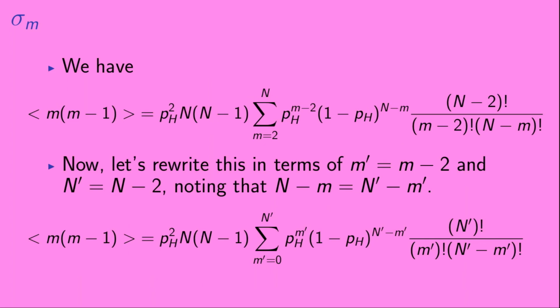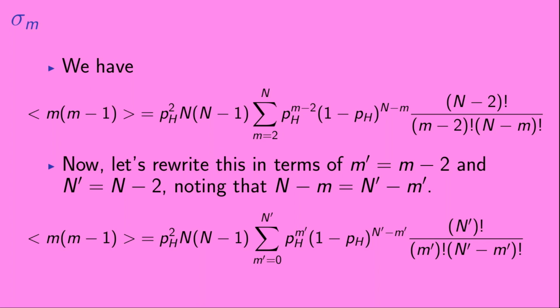Okay, so we have our expression from the previous slide. Now let's rewrite this in terms of m prime, which we define to be m minus 2, and n prime, which we define to be n minus 2, noting that n minus m is equal to n prime minus m prime.